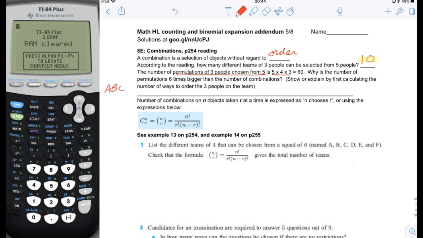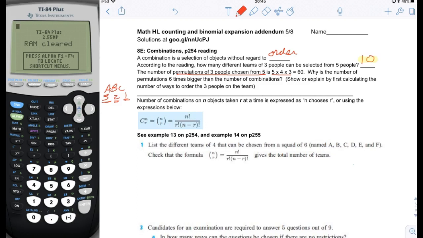To figure out how many ways you can order 3 people, you could just do 3 times 2 times 1, because for the first position you could put any of the 3 people. Once you place the first person, you have 2 left to choose from, and finally you have 1 left to choose from for the last position. If you multiply those 3 numbers together, it gives you 6.